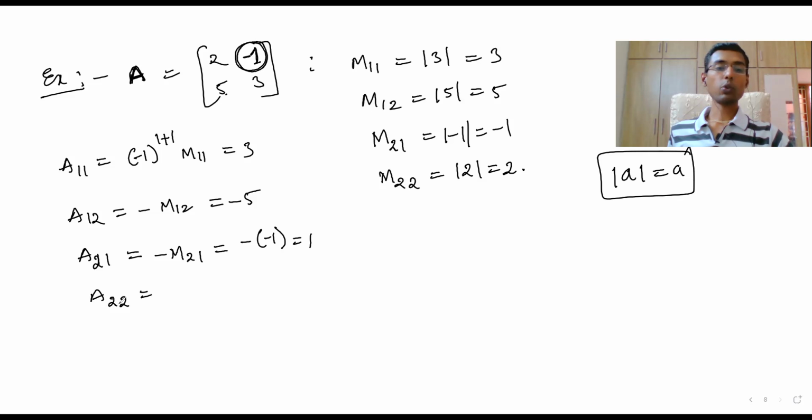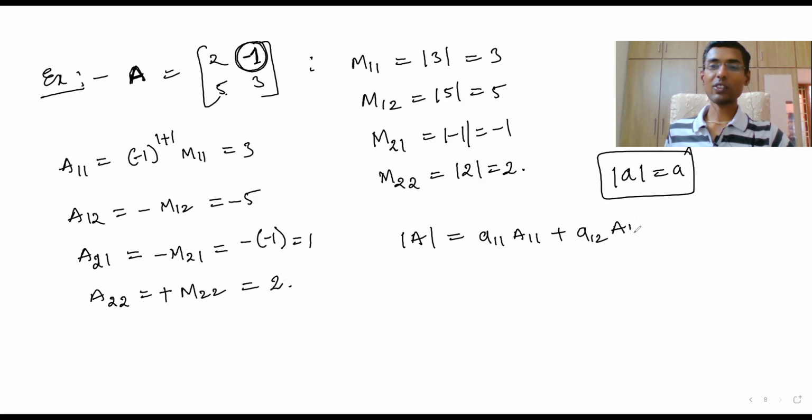So then the minor of 2, 2, minus 1 to the power of 2 plus 2, that is plus M22, that is 2. Now the determinant is what we know, the same thing here: A11 into its cofactor plus A12 into its cofactor. What is A11?